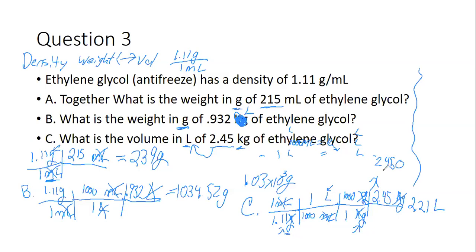Now I'm going to multiply everything on the bottom together. 1.11 times 1,000 times 1. So, oops, I did plus 1. 1.11 times 1,000 times 1. So that is 1,110. That's from the bottom.